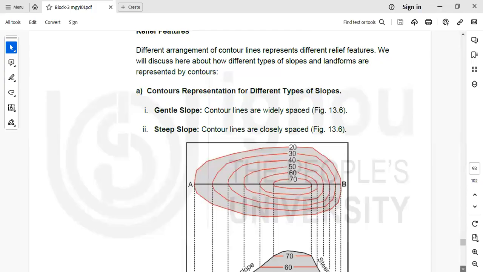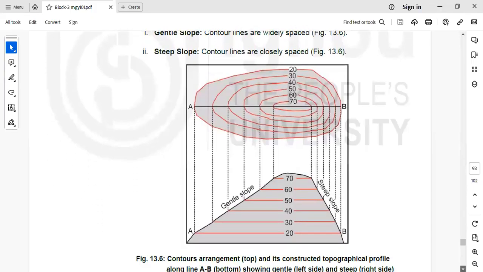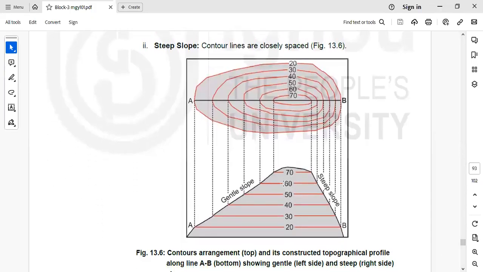Here in this figure, on the right side, you can see this steep slope and its representation on the contour on the topographical map. So here at the right side, you can see that contours are closely spaced and it represents the steep slope in the ground.